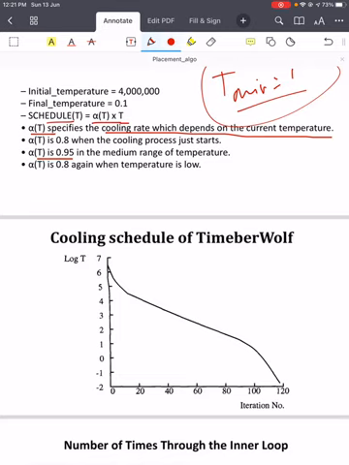You can see that initially it decreases very fast, then a 0.95 cooling rate is used, then again a 0.8 cooling rate is used. You get this kind of profile if I plot the temperature versus the number of iterations.